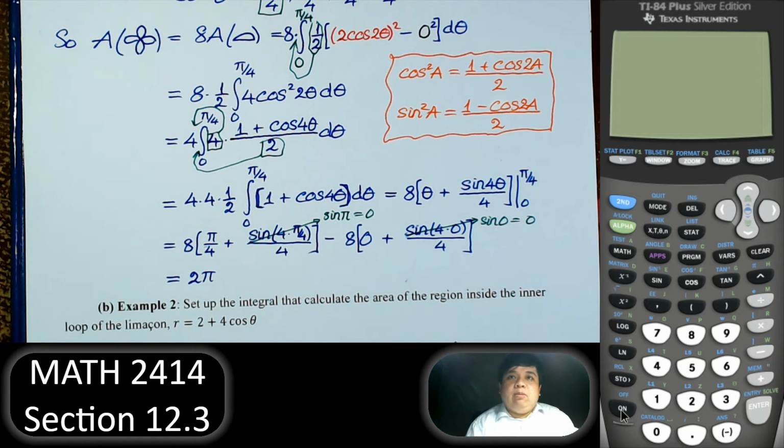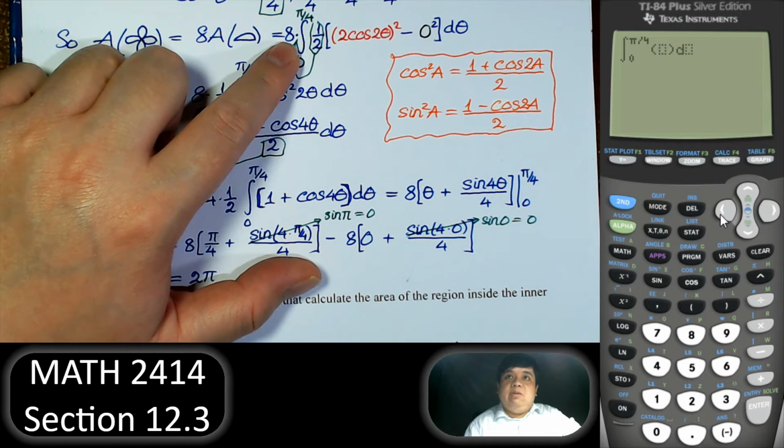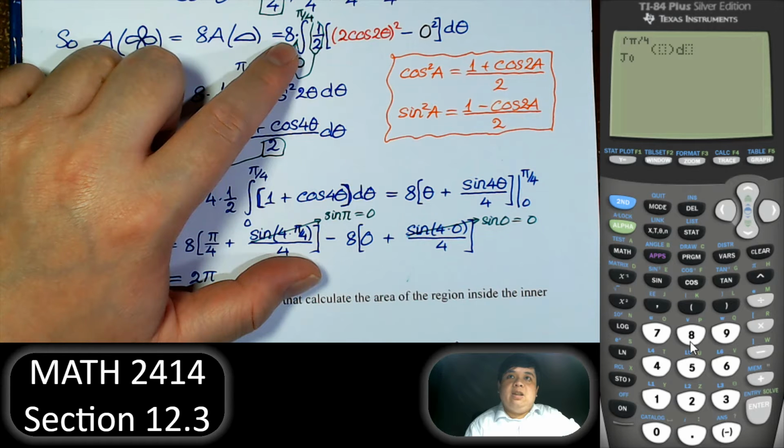Right. Now, we can confirm that by just doing it on the calculator. We go from 0 to pi over 4. And then, we still have the 8 in front of it.